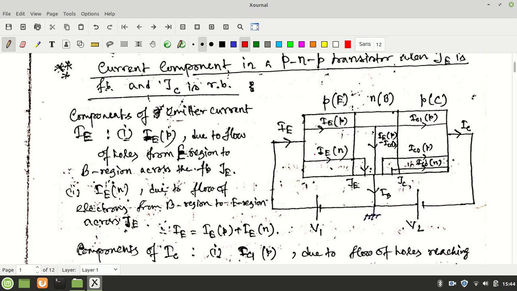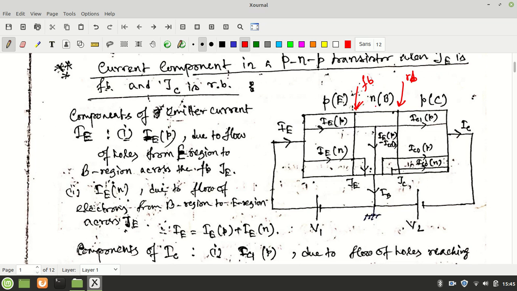Now, for the normal operation of the transistor, what is the normal operation? The normal use of the transistor is to amplify the voltage, amplify the current, amplify the power, whatever you need. So it is used to amplify something. For this purpose, the emitter base junction is made forward biased, and the collector base junction is made reverse biased.